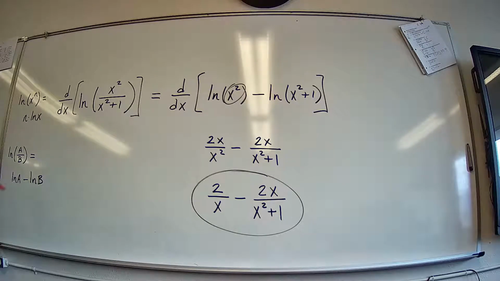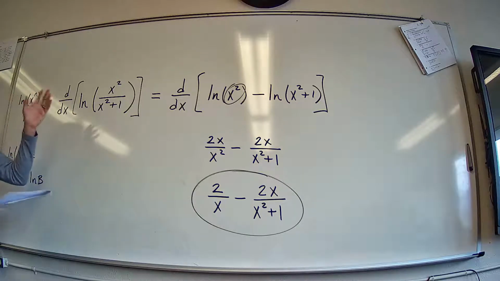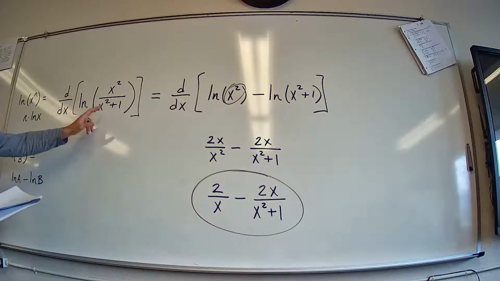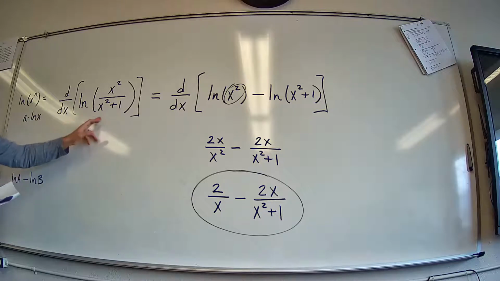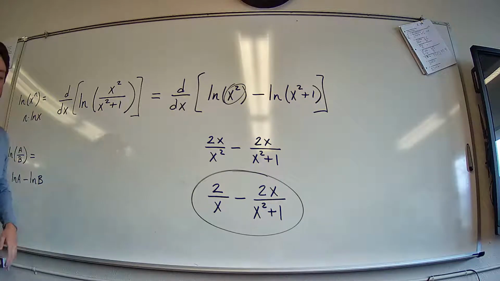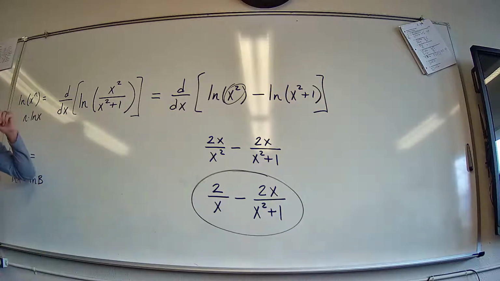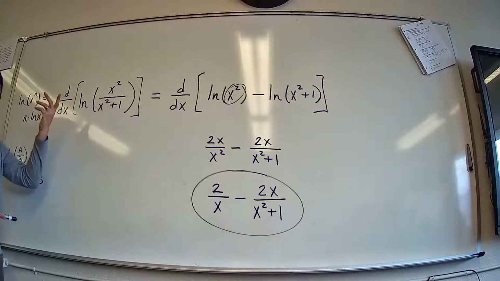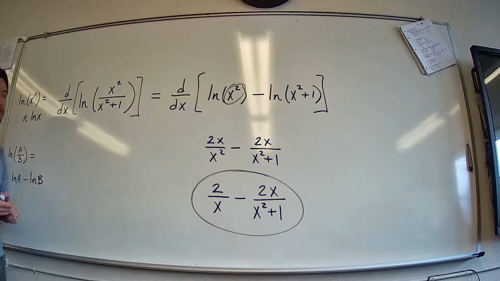This one's really worth mentioning something real quick, which is if you looked at the domains, like I said before, it's not a huge thing to worry about, but it's definitely relevant. What's the domain of this guy? Can x be a negative number here? Would it be okay for x to be negative? Yeah, because you'd have a positive number. We know that you can log any number that's positive.